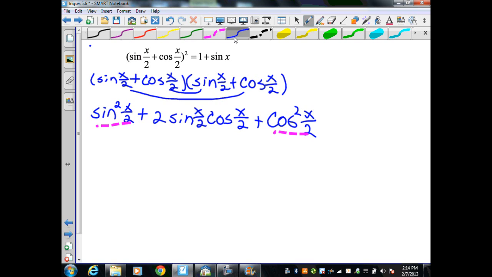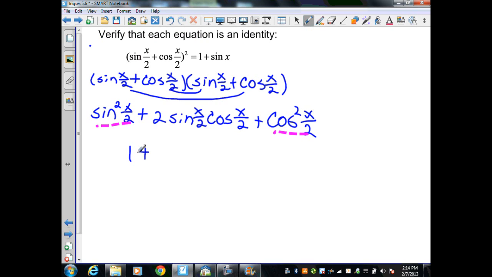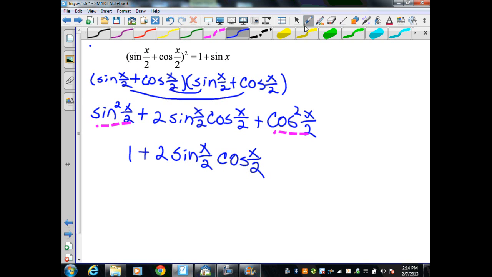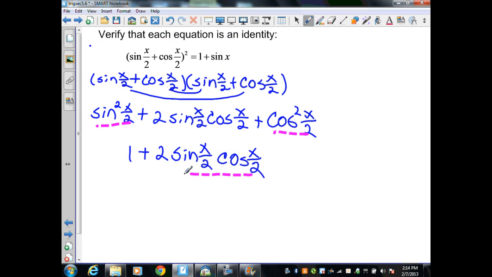So that means I can have 1 plus 2 sine x over 2 cosine x over 2. But from our previous section, I know that this is a double angle identity.